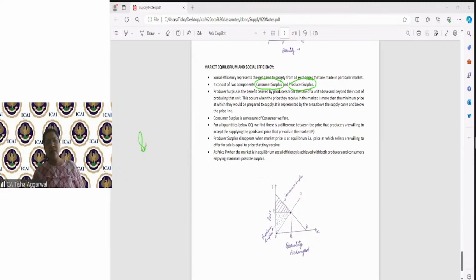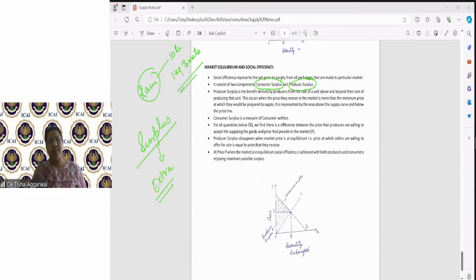First, let's understand what is the meaning of the word surplus. Surplus is extra. Okay. Ram goes to the market and pays 10 rupees to buy 1 kg of tomato. But the seller gives him 1.5 kg of tomato.